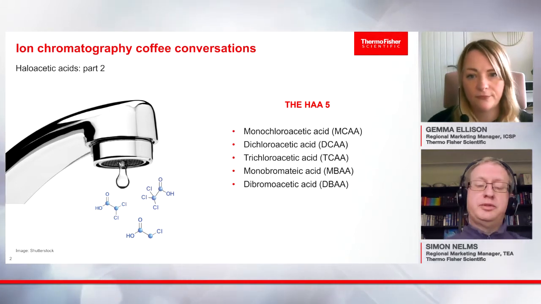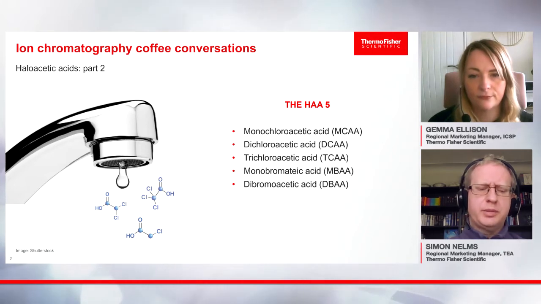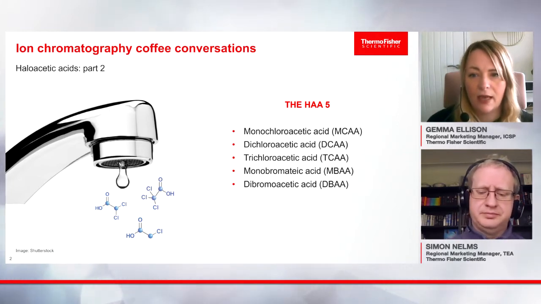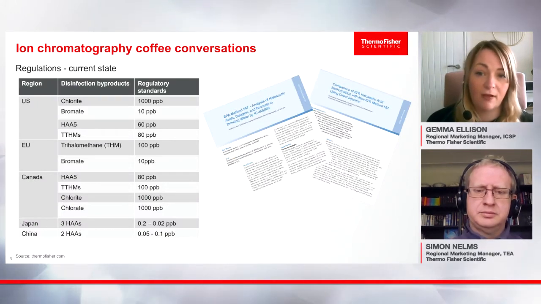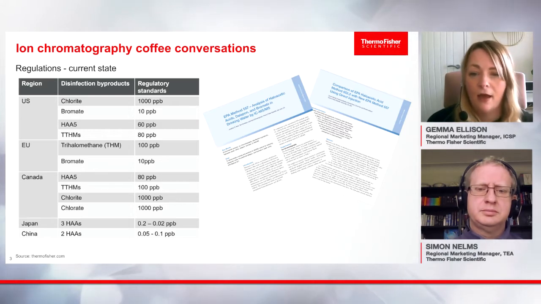Okay, thanks Gemma. So what are the actual regulatory limits for the US? And what about the rest of the world? What legislation is in place, say, for the Far East or for Europe? Okay, so the EPA has the EPA 552, 552.1, .2 and .3, which all vary slightly, and EPA 557 methods.